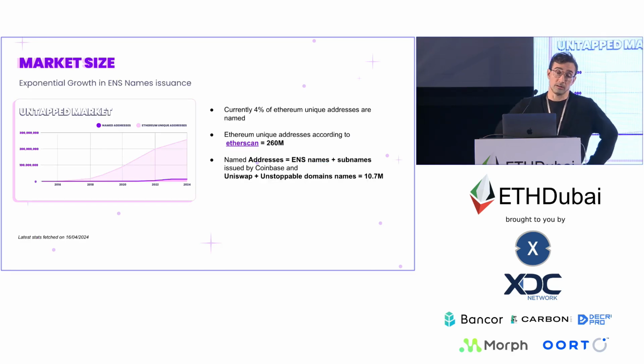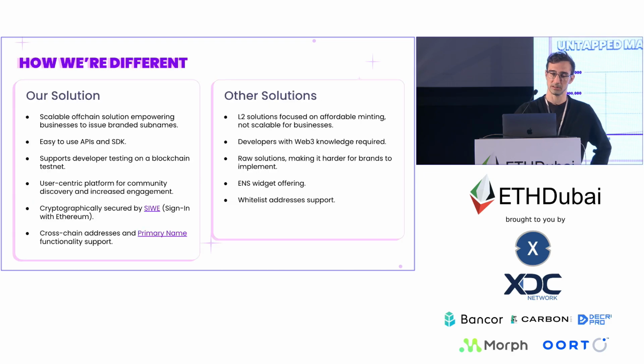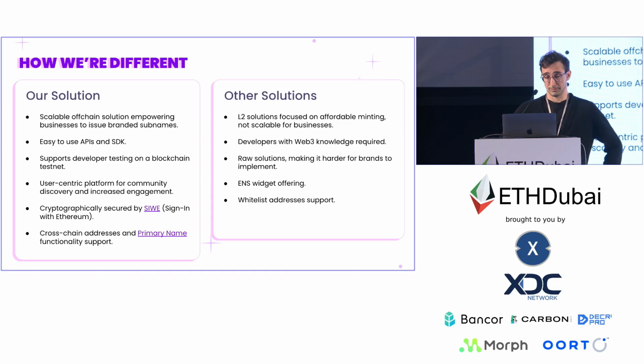Size of the market, well, compared to the number of Ethereum addresses, almost no one is using Web3 names through ENS. I think only about 2 to 3% of addresses have a name attached to them. How we're different?